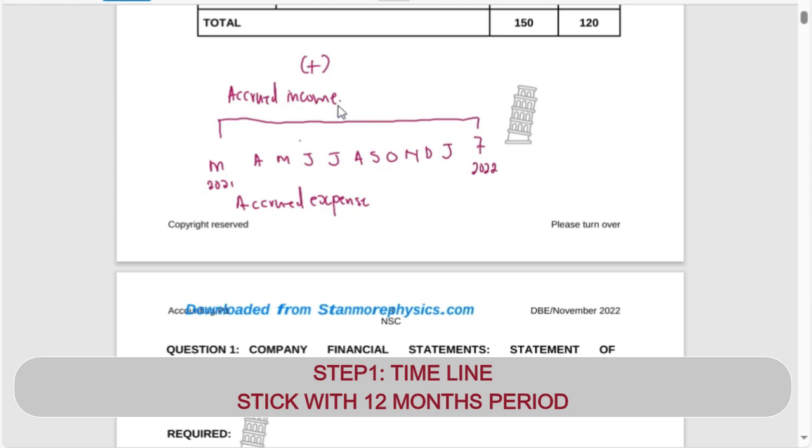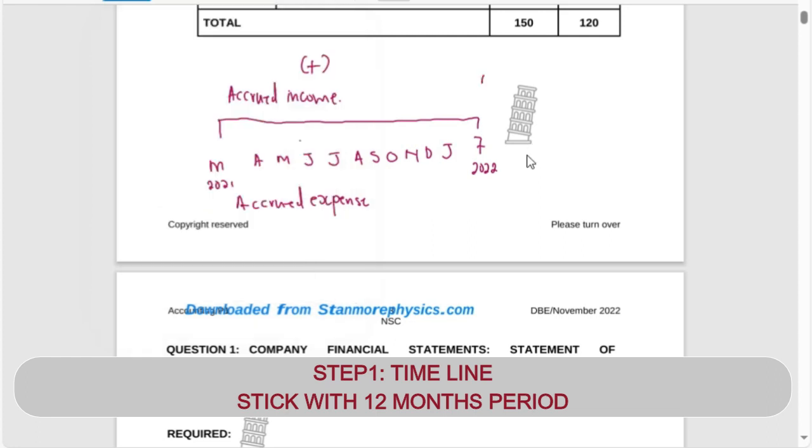And anything that has been paid, or anything that has been received after the end of our financial period, will be determined by a negative sign.